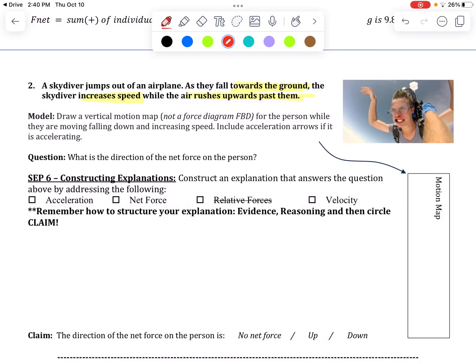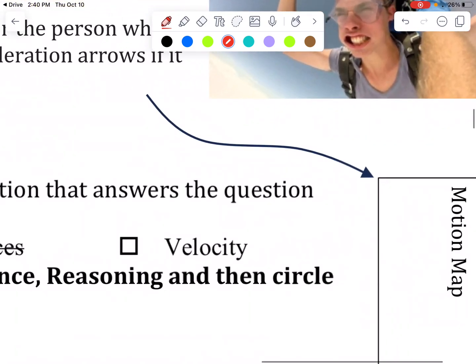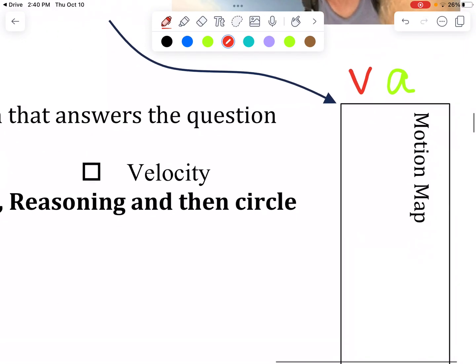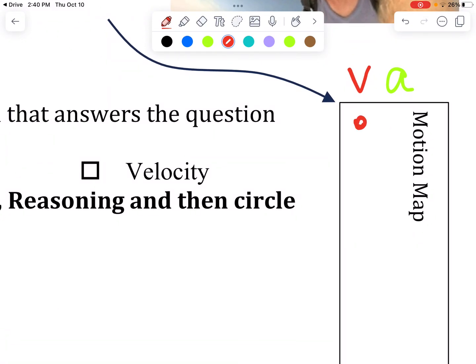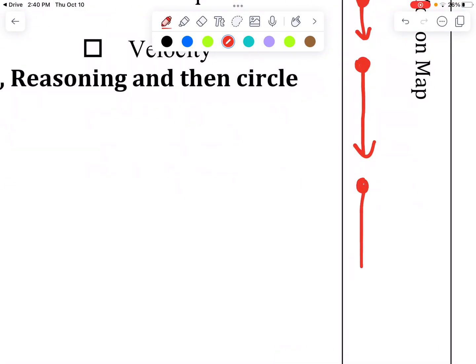I need to draw a motion map, which should include velocity arrows and acceleration arrows. So my velocity arrows are usually the first thing I like to draw because they're a little bit faster. So it's speeding up as it falls downwards, so that means the velocity needs to get bigger or longer.